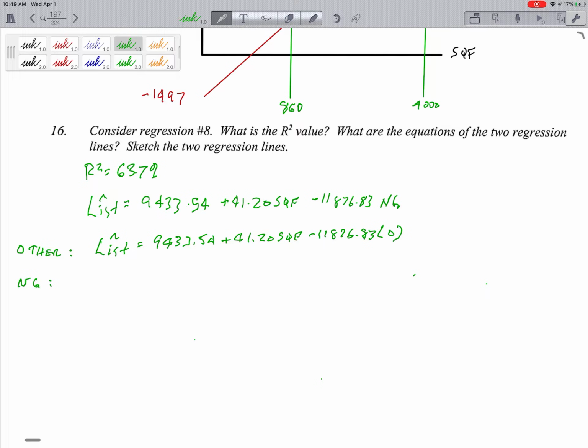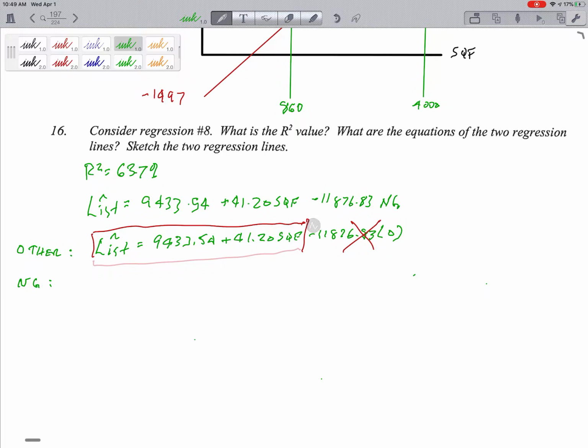So when the house is not heated by natural gas, then the NG variable takes on a value of 0. The dummy variable takes on a value of 0. And what that means is basically this last term just drops out, and we're left with this equation right here.